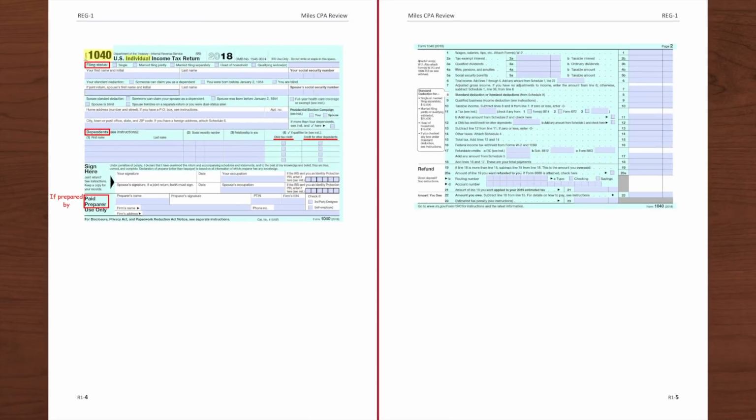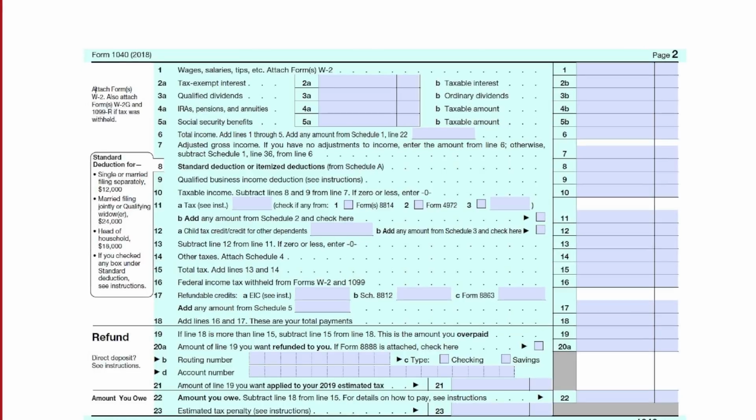On page 5 of Reg 1, we've got the second page of our Form 1040. And as you get here, I want you to draw a bracket from line 1 through line 6.